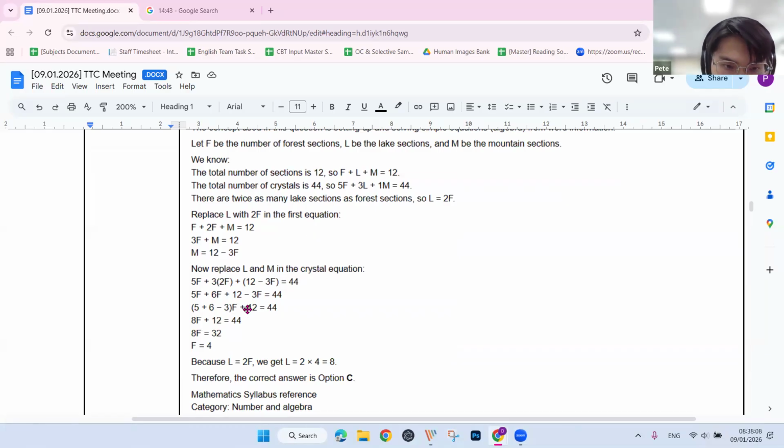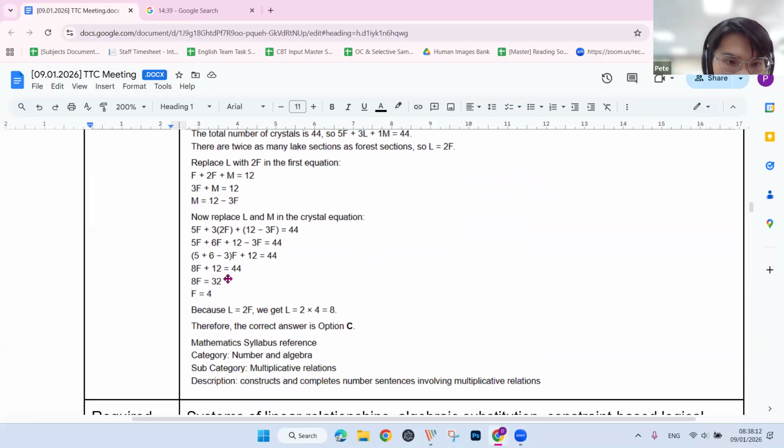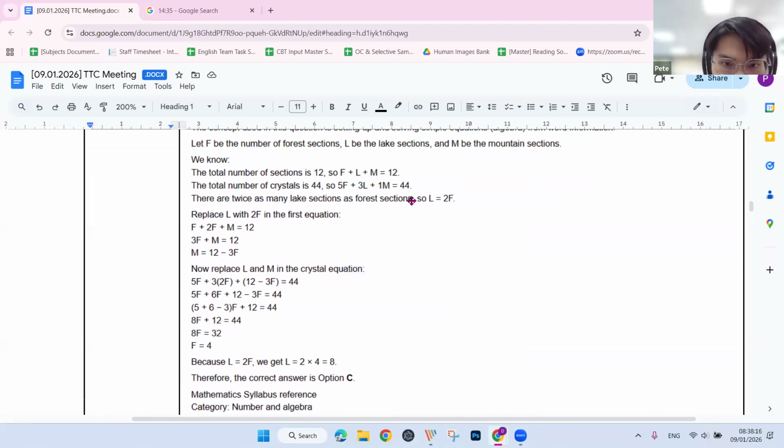Now we replace L and M in the second equation. We will have 5F plus 3 multiplied by 2F plus 12 minus 3F equals 44.